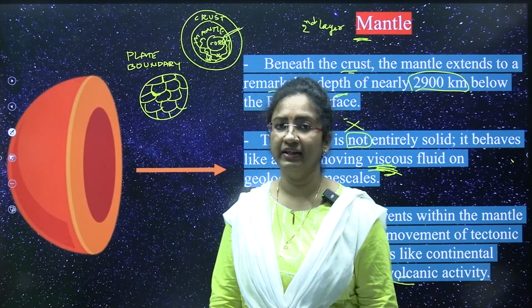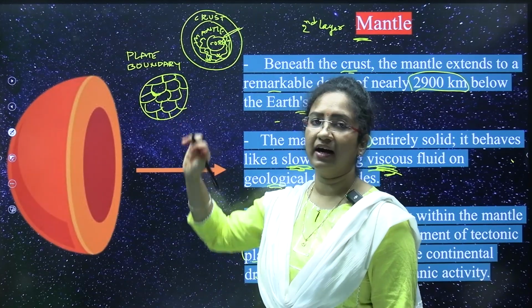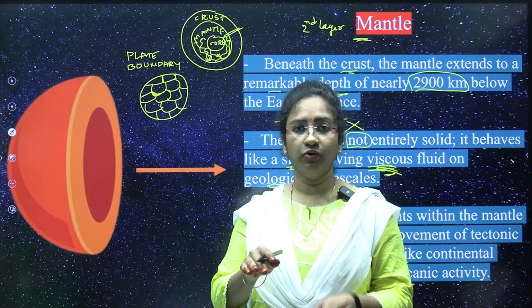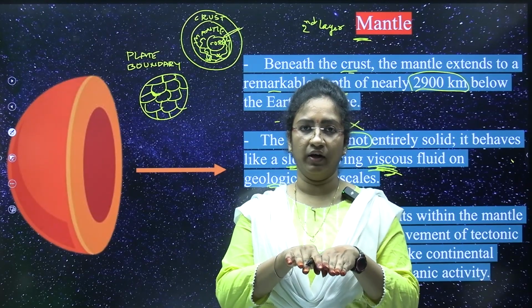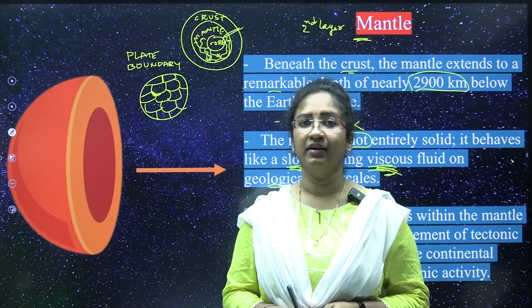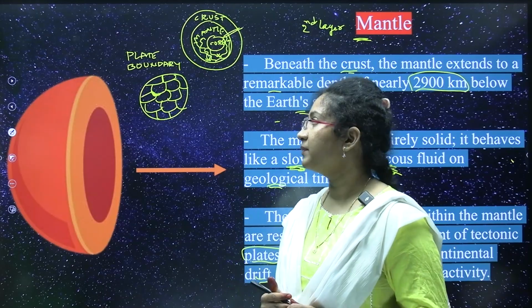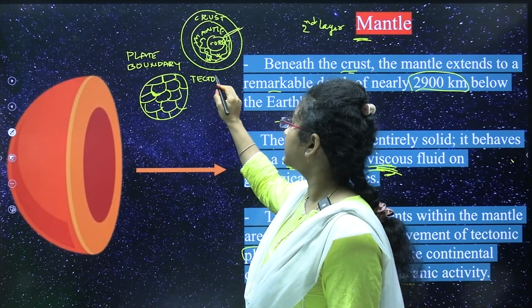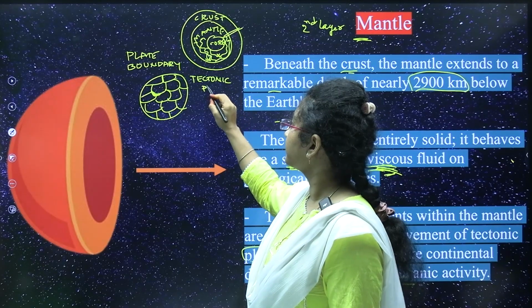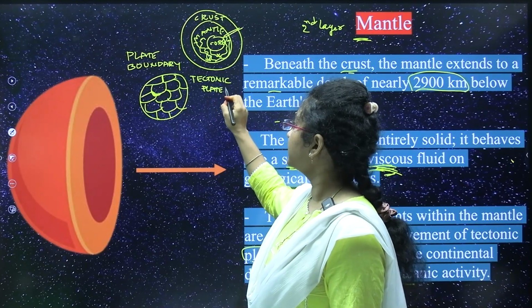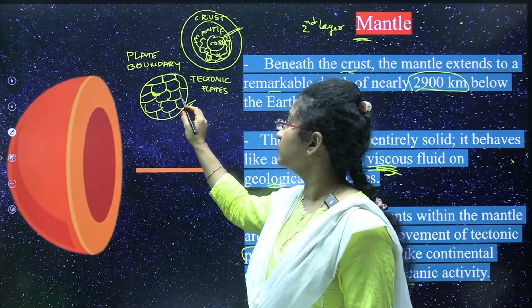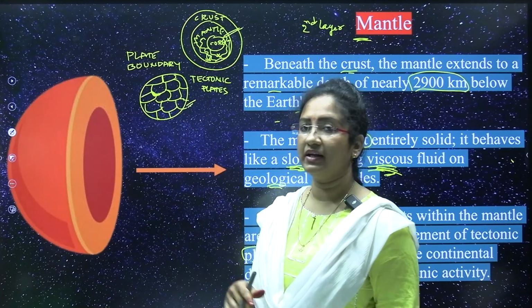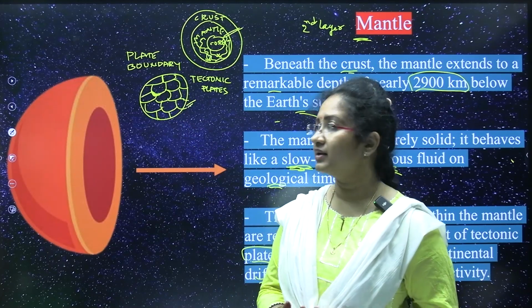Similarly here also, the plates have boundaries. When two plates meet at a particular point, that meeting point is known as a plate boundary, right? Remember this. Here we are learning about tectonic plates. The entire surface of the earth is broken into different plates, and these plates are always on the move, right?